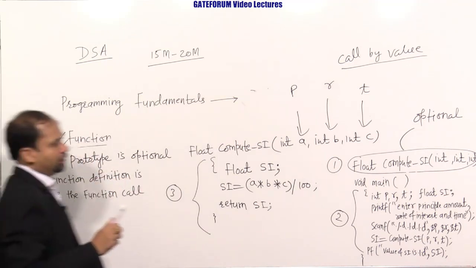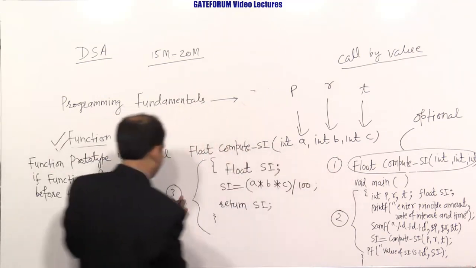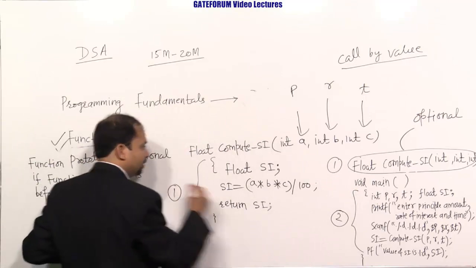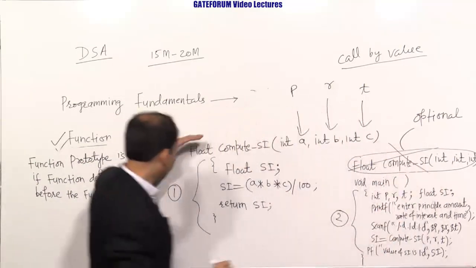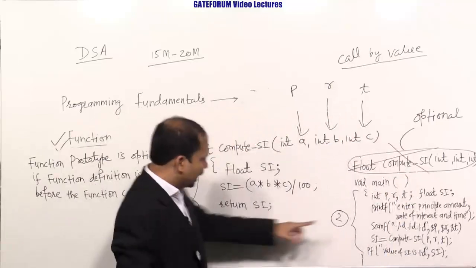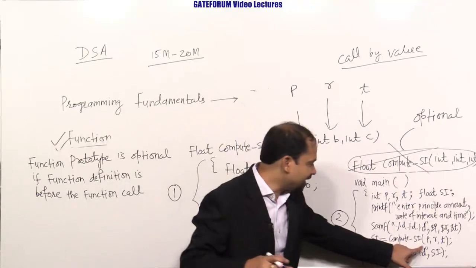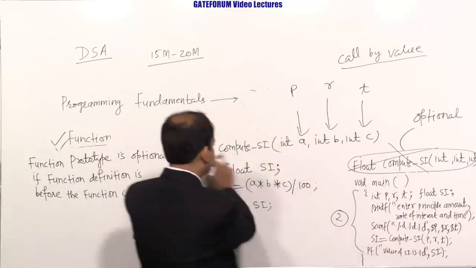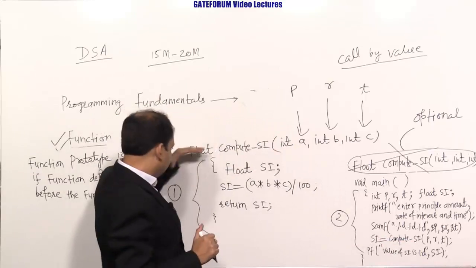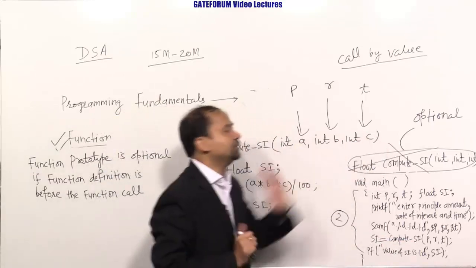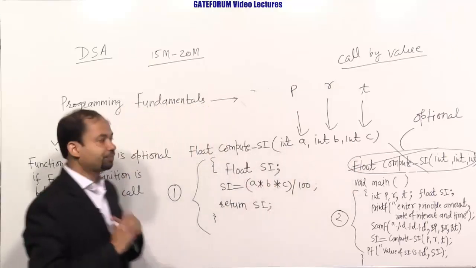So if you define this function prior to this call, if you make it 1 and then make it 2, you don't require this statement. Why? Because at this point the compiler has no confusion, since it has already got to know about compute SI. So there will be no issues. If this is first and then this is second, we can avoid this. Otherwise we have to write the function prototype.